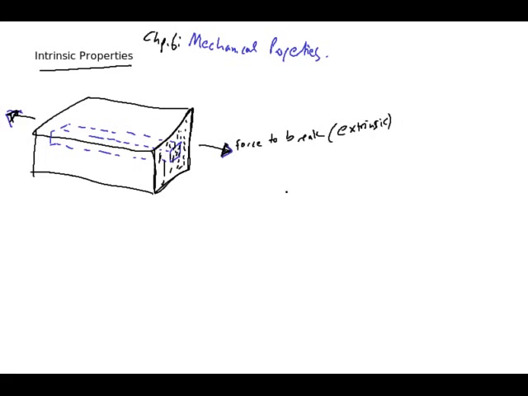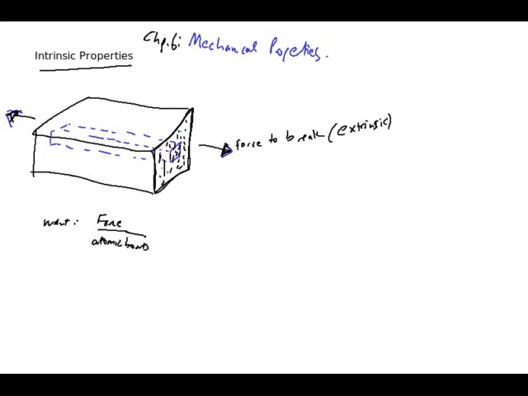Okay, so we need a new property, something that captures the force per atomic bond, not the total amount of force. I'm trying to find some kind of intrinsic property that captures the force needed to break something. So what we want is force per atomic bond.